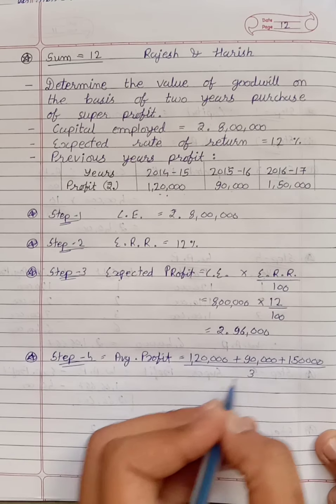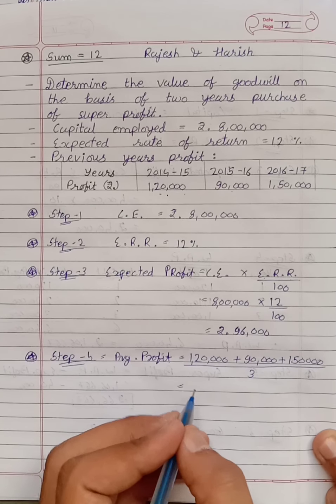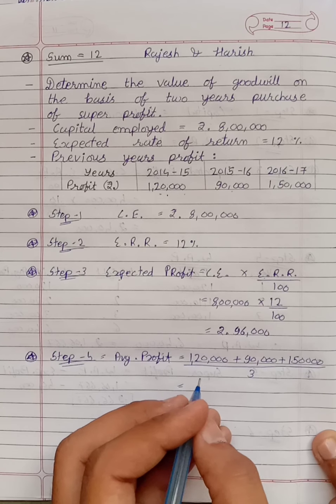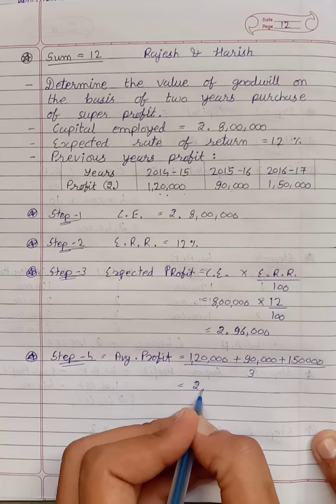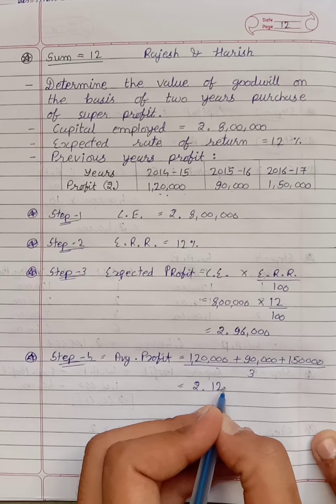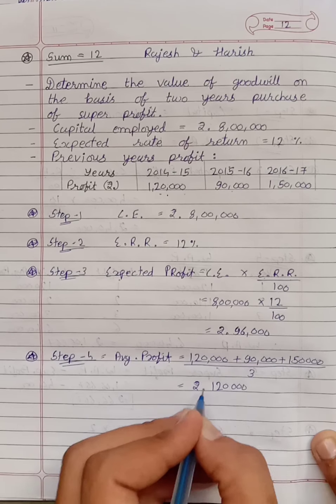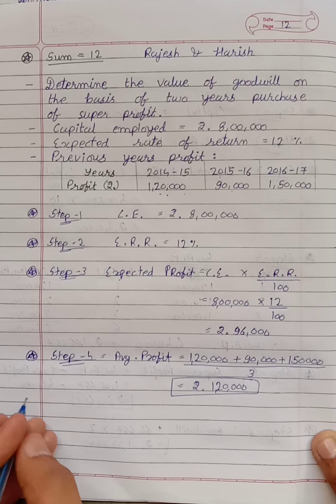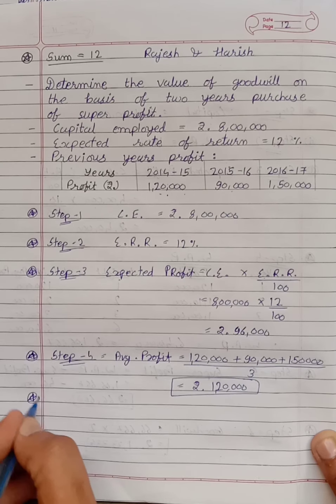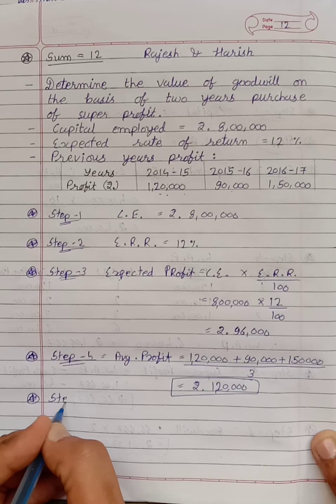Here 3 years are given, so total of these 3 years divided by 3, so our average profit is rupees 1,20,000. Understood, students?